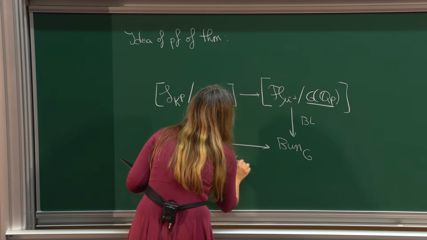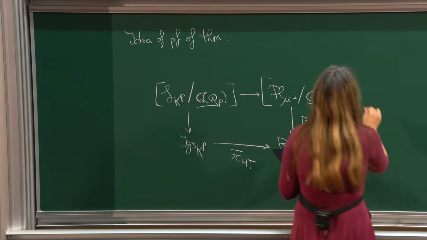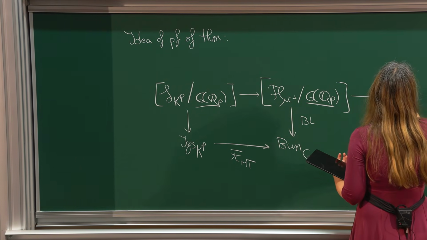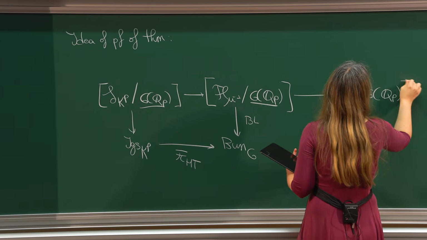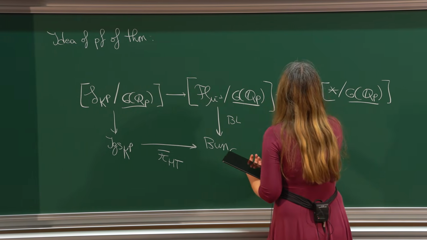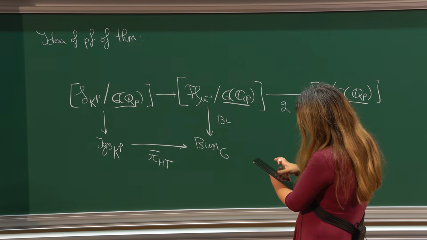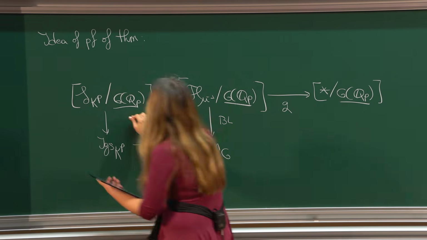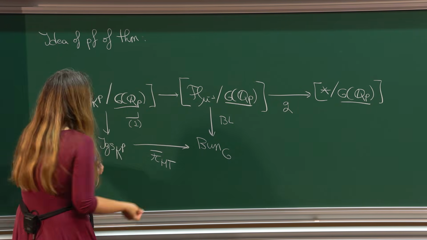All right, and so this is pi bar Hodge-Tate. And then there's a map to just the classifying stack of G(Q_p). And this map I'll maybe call Q. Right, and so this is a Cartesian diagram over here. And maybe I'll call this the Cartesian diagram 1.